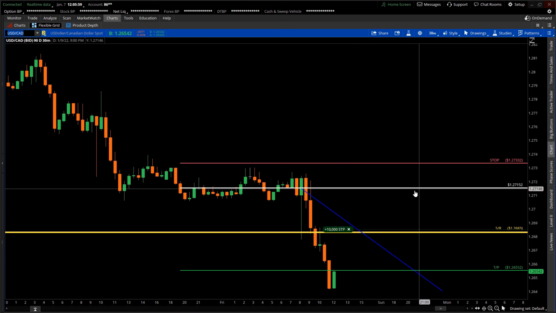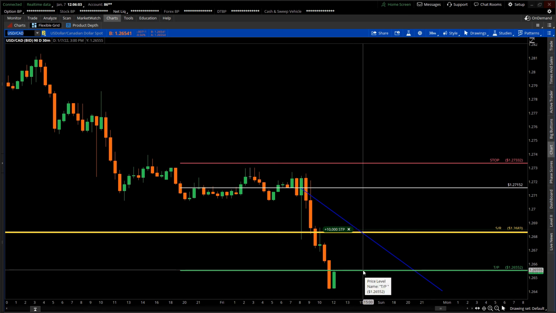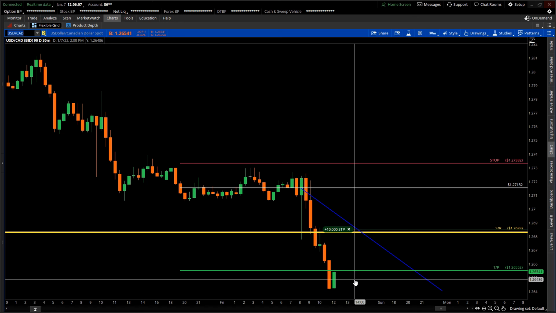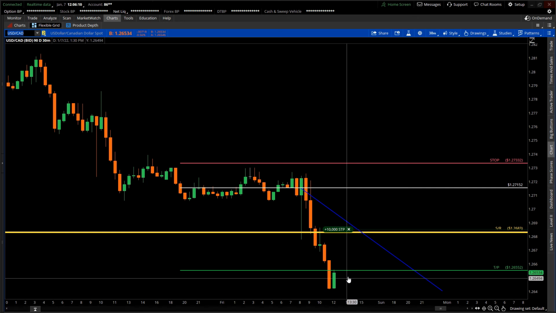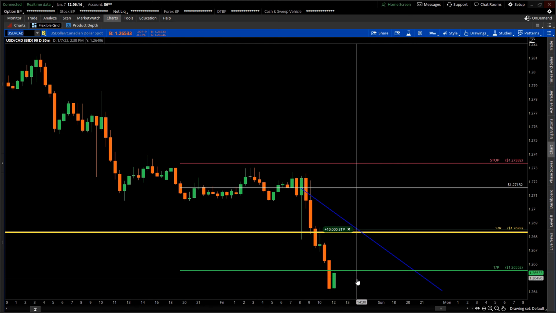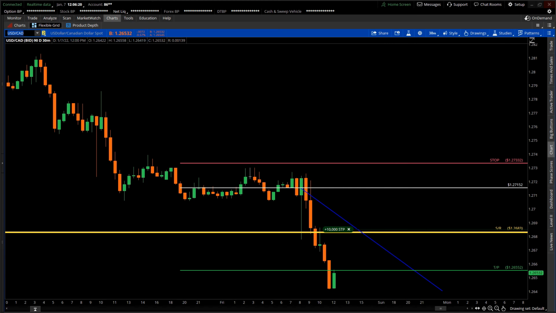Here's my entry, here's my stop, and here's my take profit. I should have just closed this trade out, but I'll probably give it until towards the end of the day and then reassess it. If it looks like it's going to consolidate, I might just close it out here and then pick it up Sunday evening. So until the next setup, I'll see you.